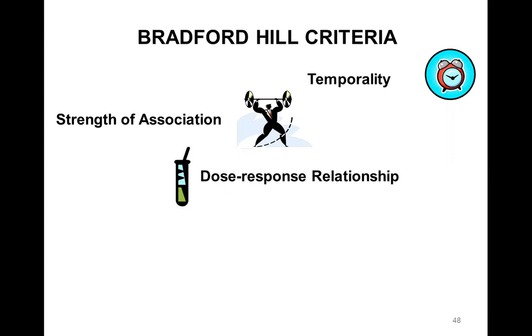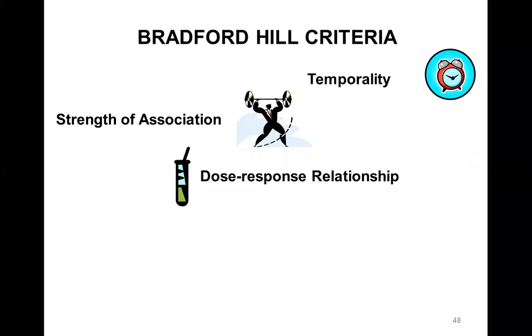Dose response relationship. Now we do know that there are some paradoxical effects of drugs, like with opioids and hyperalgesia, right? At low doses and high doses, you see one effect. At middle doses, you don't. It's the opposite.